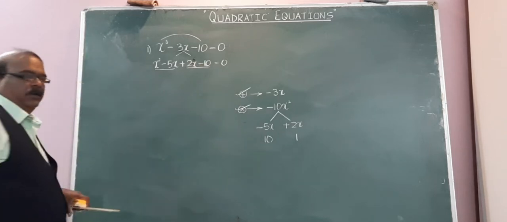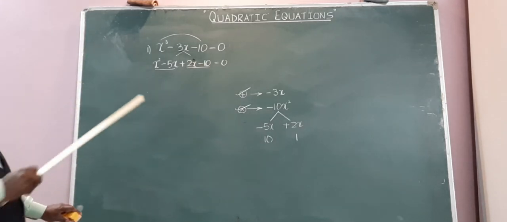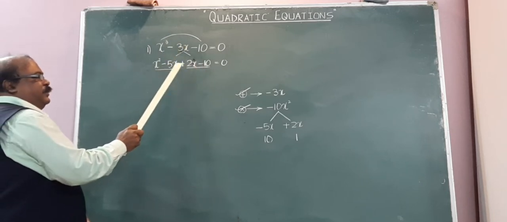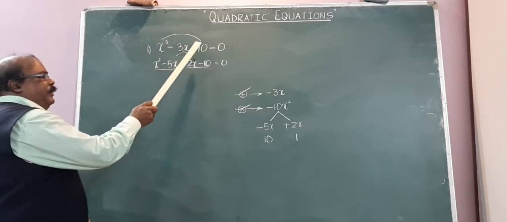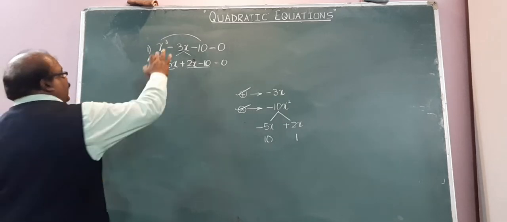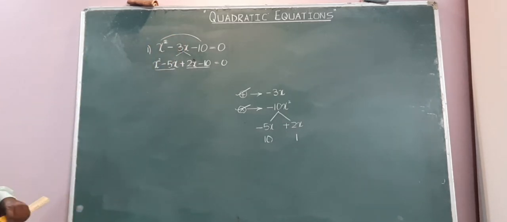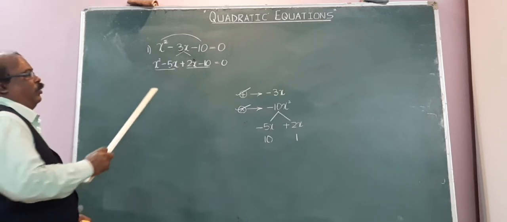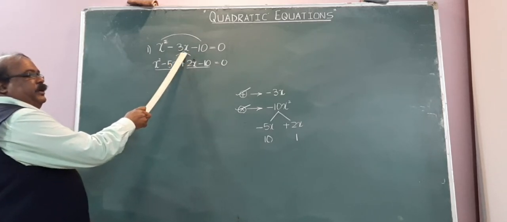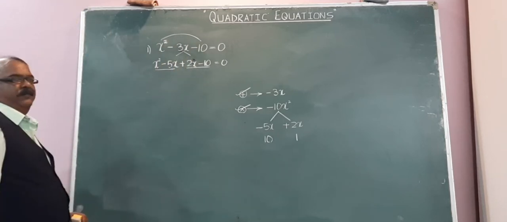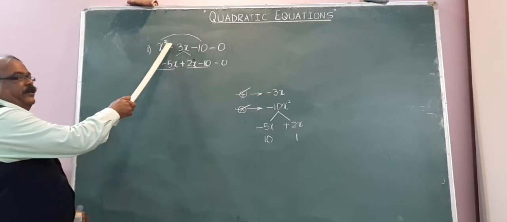Always check that these two terms on adding should give you minus 3x, and on multiplying should give you minus 10x squared. Just check: on adding, I should get the middle term; on multiplying, I should get the product of the extremes.